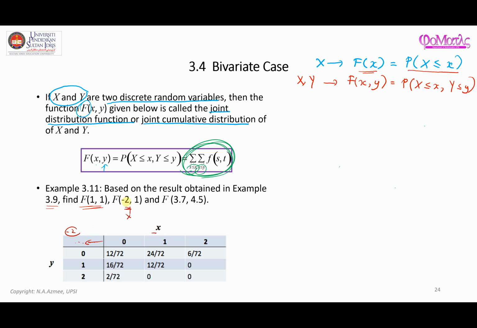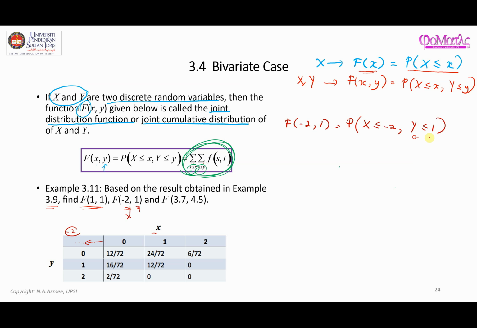Because f(-2, 1) basically means you are finding the probability of x less than or equal to -2 with y less than or equal to 1.